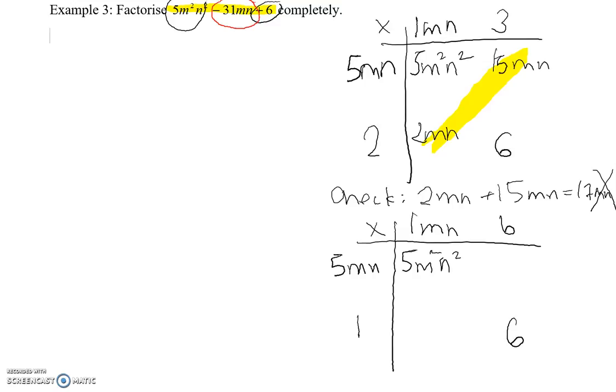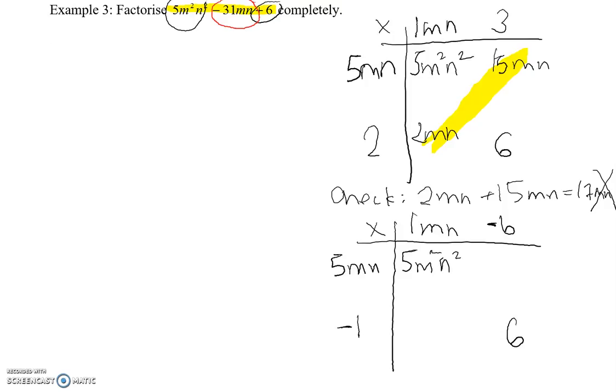But now, you realize that for the middle expression, there's a minus sign here. So therefore, the factors must be negative numbers. So perhaps I will try negative 1 times negative 6 to give us a positive 6.